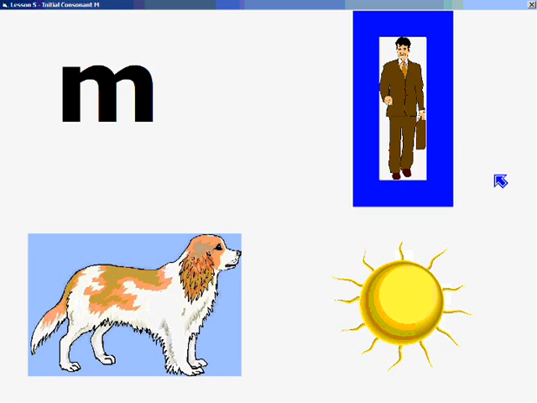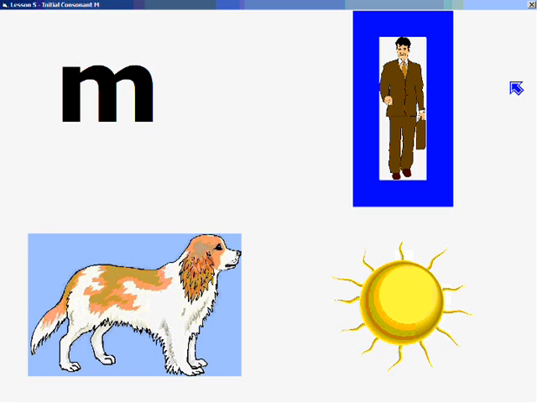Man, dog, sun. Use your mouse to click on the picture that begins as mop does. Man. Yes, man begins as mop does. The letter M stands for the sound at the beginning of both words. Man begins with the sound, just as mop begins with the sound.